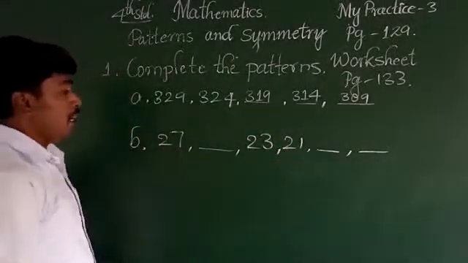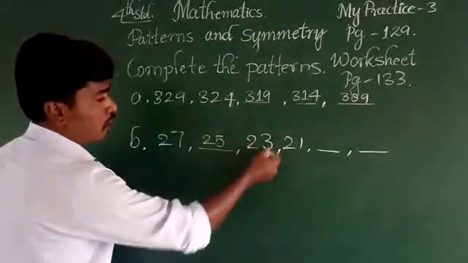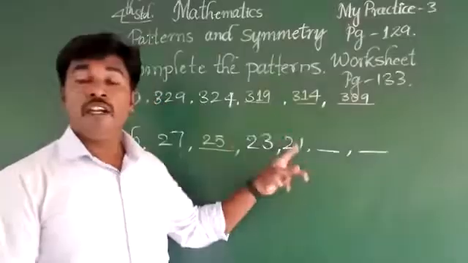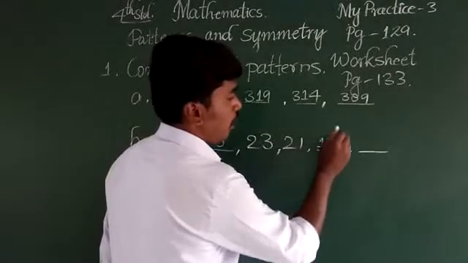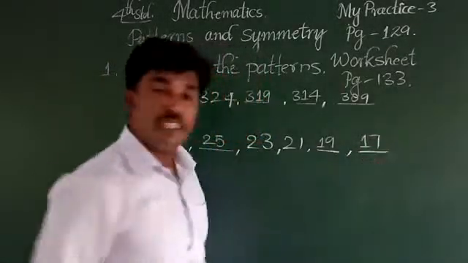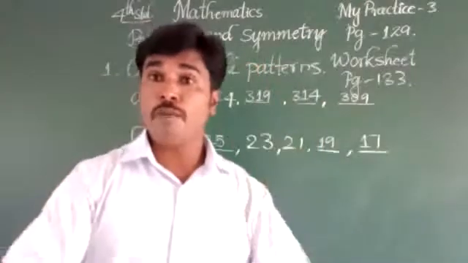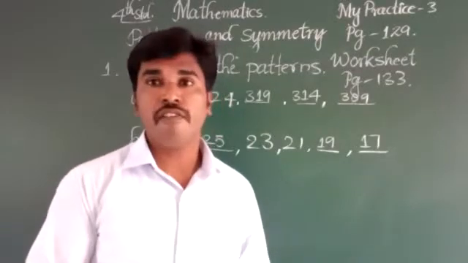So 27 minus 2 is 25. 25 minus 2 is 23. 23 minus 2 is 21. 21 minus 2 is 19. 19 minus 2 is 17. In this way, complete the remaining questions also. First observe the pattern and complete the remaining blanks given.